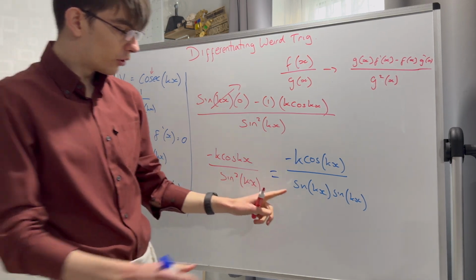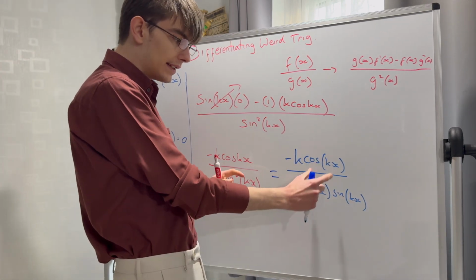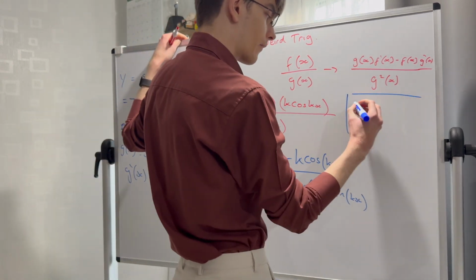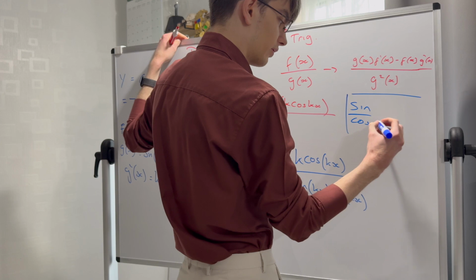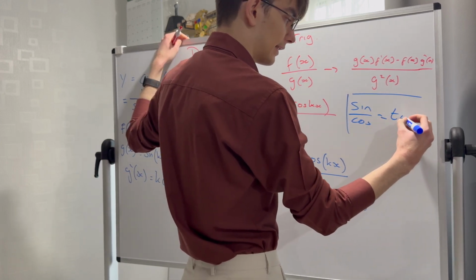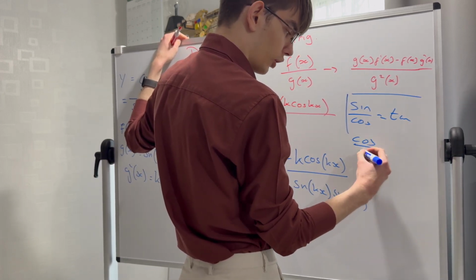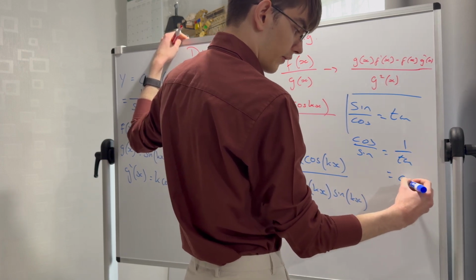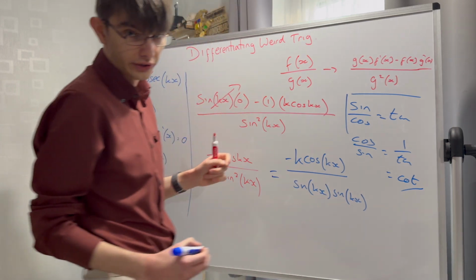And I'm going to divide one of these by cos. Now, if we remember, sine over cos, ignoring the arguments here, is tan. So cos over sine is 1 over tan. And 1 over tan is cot.